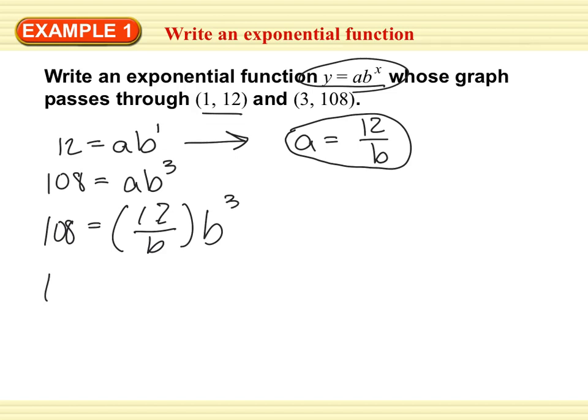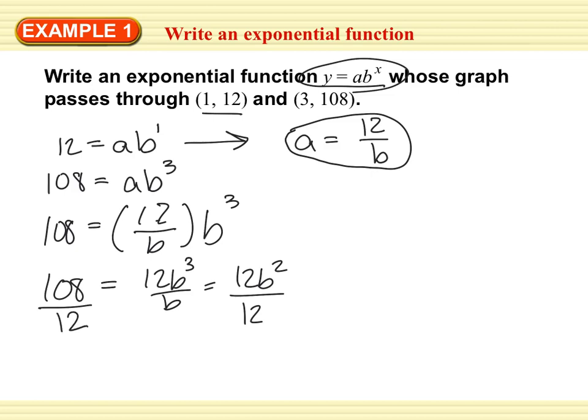Okay, now I can solve for b. So 108 equals 12b cubed over b, or 12b squared. Divide both sides by 12. I have b squared equals 9.